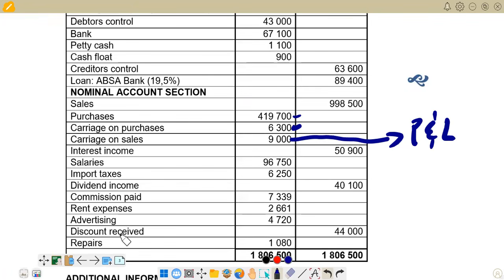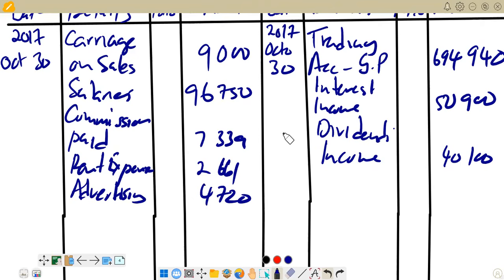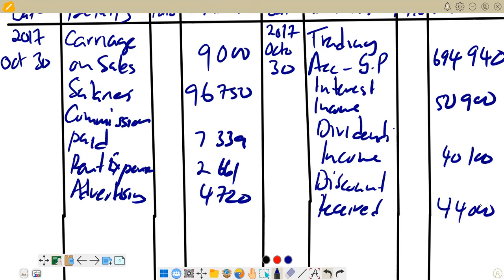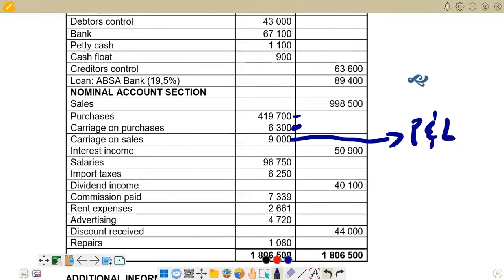We'll go and check what's next. From advertising, we've got discount received. This is income, 44,000, for the credit side. And obviously I think we've got the last one there that we should check. We've got repairs.